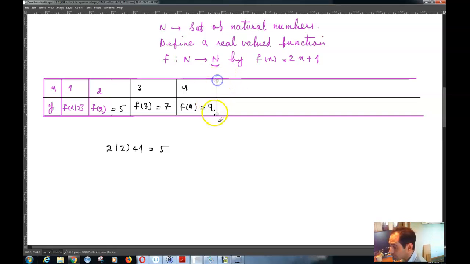If x is equal to 5, then f of 5 is 2 times 5, which is 10, plus 1, equal to 11. F of 6 would be 2 times 6, 12 plus 1 is equal to 13. F of 7 would be 2 times 7, 14 plus 1 is equal to 15, and so on and so forth.